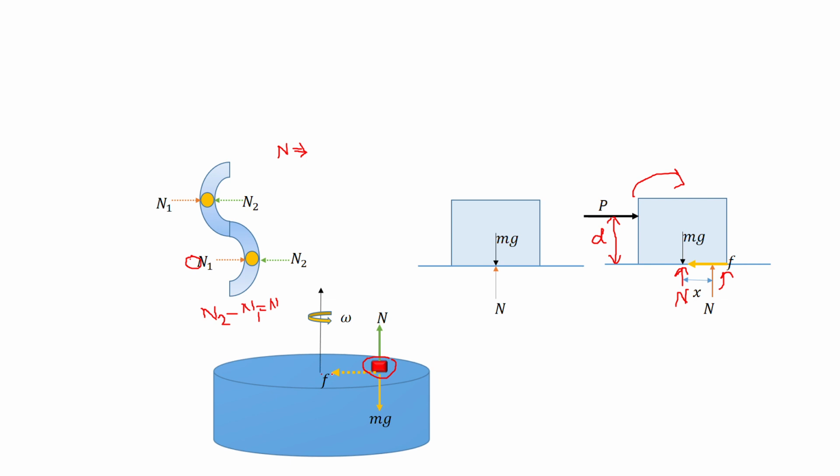It will always change its orientation. To conclude, the normal reaction or the frictional force, or in fact both of them together, are called the contact force. The contact force should be in such a way as to provide the necessary motion.